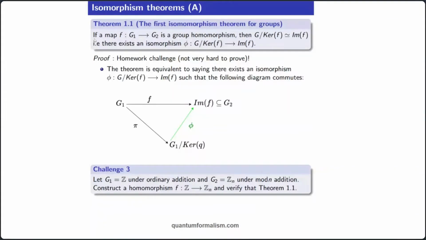So it says if a map F from group G1 to group G2 is a homomorphism, then this quotient group is isomorphic to the image of F. Remember the kernel. This, the kernel of F, is a normal subgroup of G1.